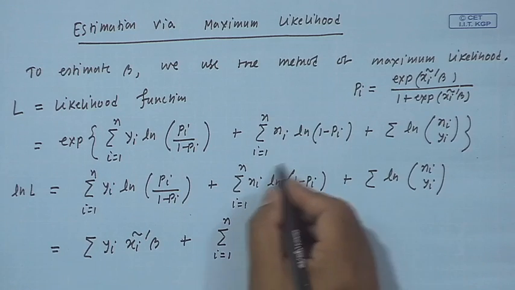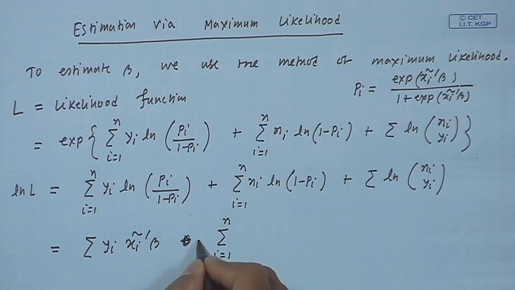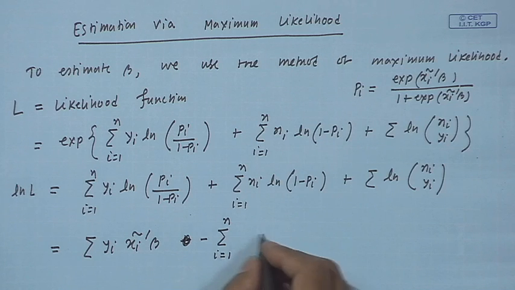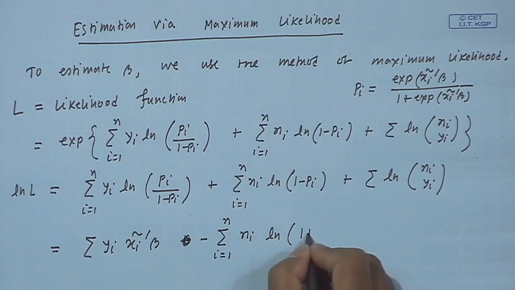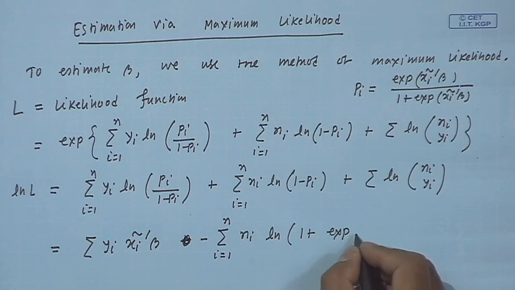You can check that ln(1 minus p_i) can be replaced by minus n_i ln(1 plus exponential x_i prime beta).